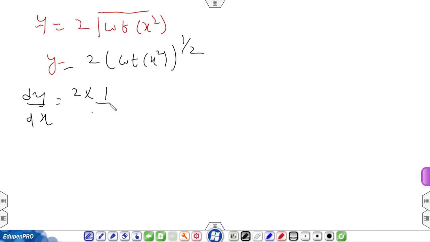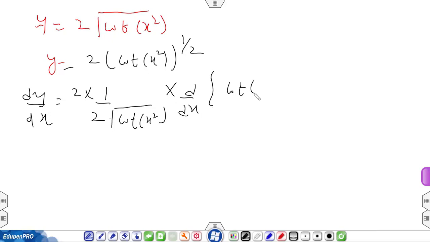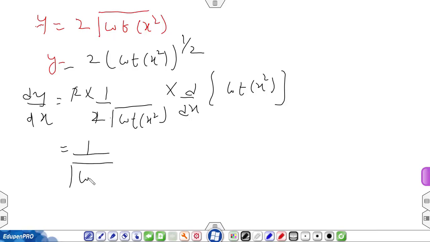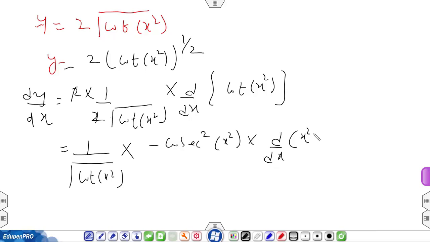To apply rule 1, 2 into the derivative of the bracket cot x square, the 2 cancels out. We know that the derivative of cot x is minus cosecant square x, into the derivative of x square.